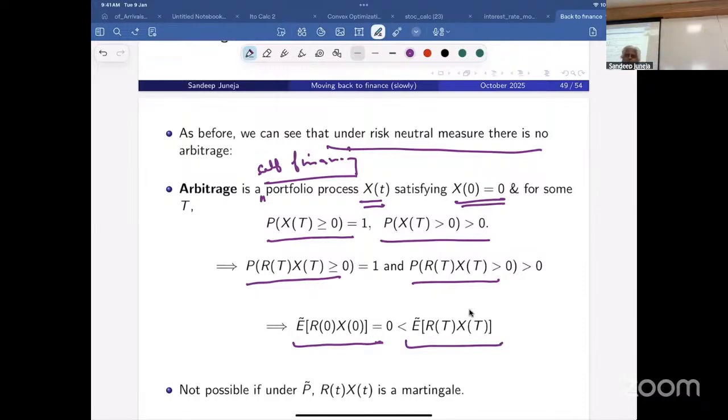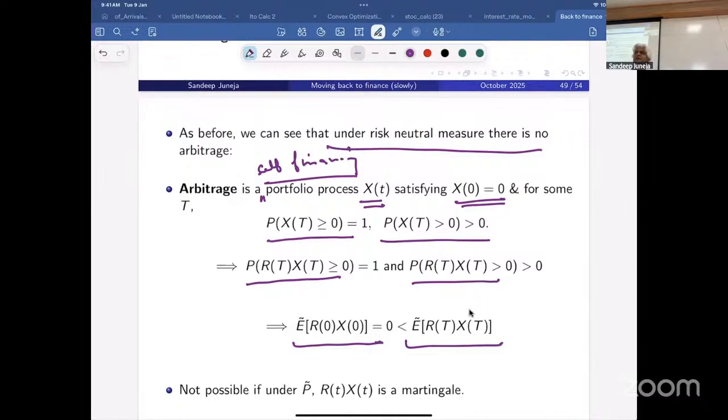I think his point is valid: if I start with a zero portfolio, and whichever way I play around with it, I can't end up with a portfolio which makes money. Implicitly I'm saying that I can't add or subtract money when I'm doing this. That's what the self-financing portfolio does.